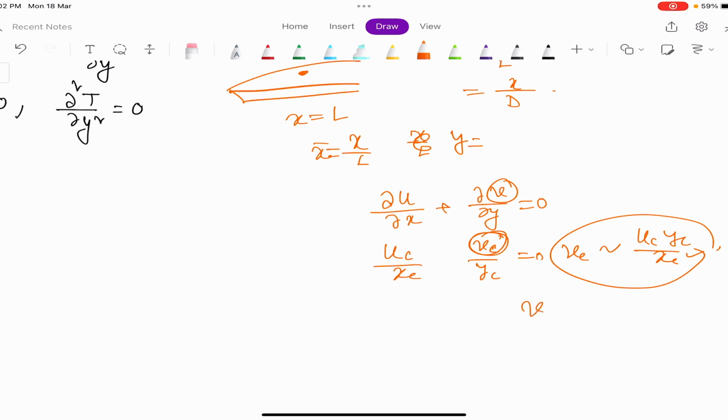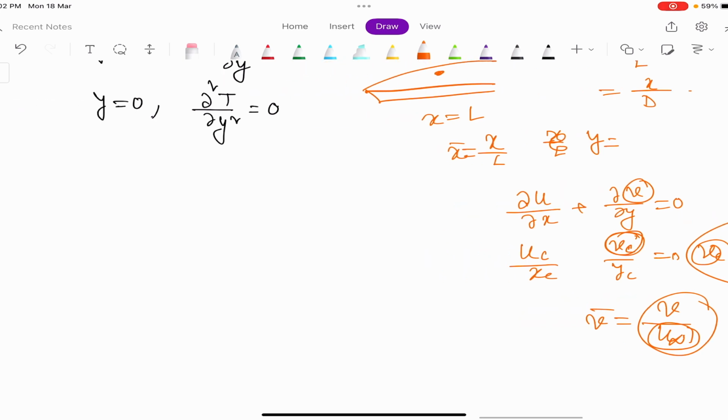You can take V by U infinity as your non-dimensionalized V, but you know that this U infinity is not the actual scale of V, that is, V is not of the order of U infinity. So what you should do is, from the physical equations, find a relevant scale of V, that is here the Vc, then non-dimensionalize V with the Vc that you have found from the physical equations.